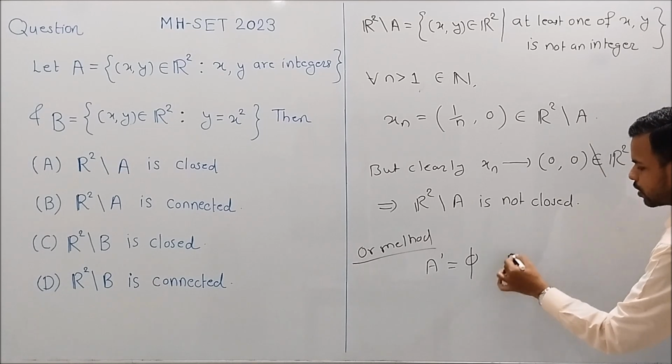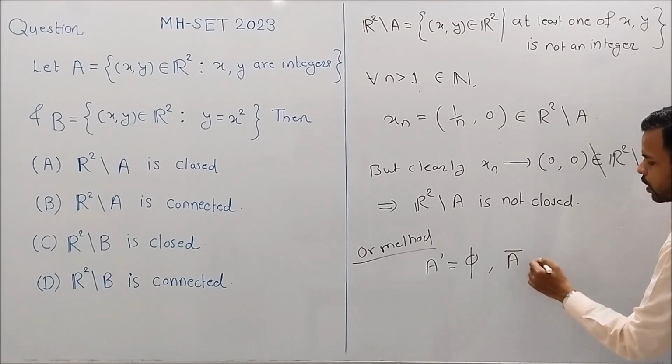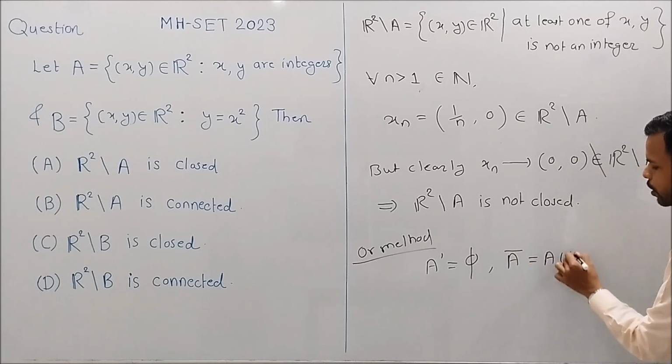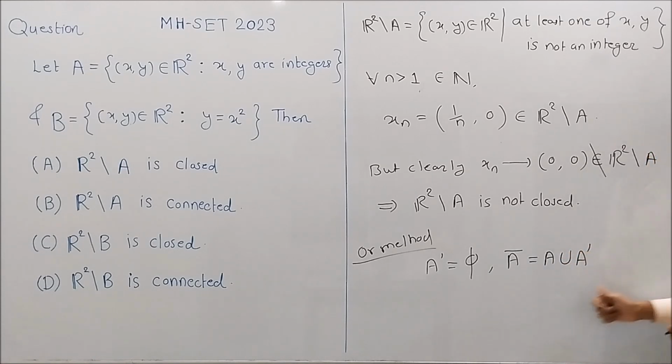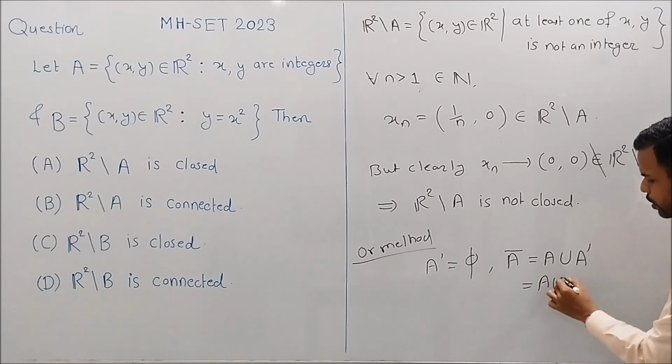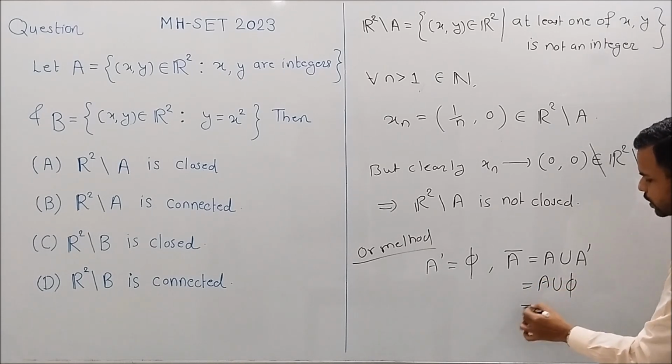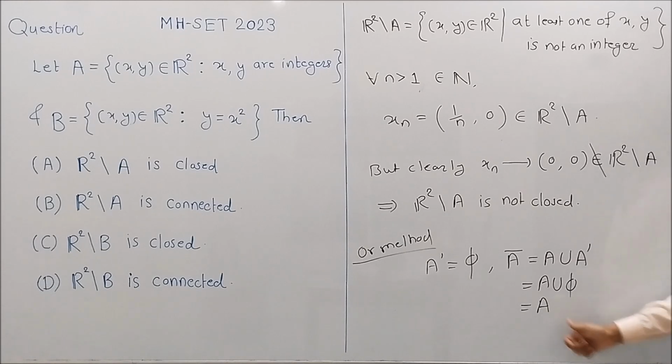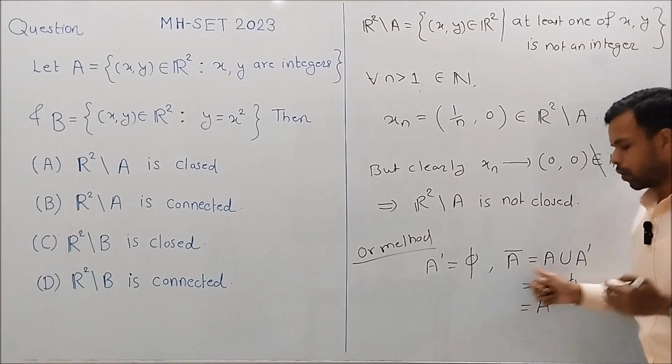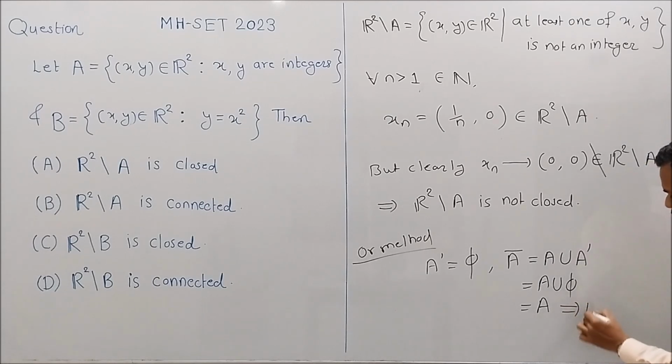But we know that the closure of A equals A union the derived set of A, that is A union A dash. So this equals A union the empty set, which equals A. Okay. So the closure of A equals A. So this implies A is a closed set.